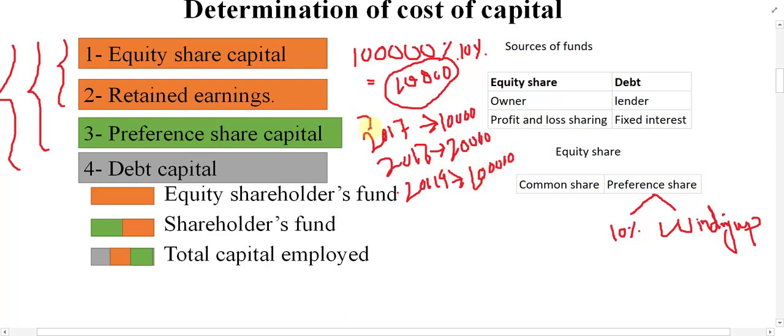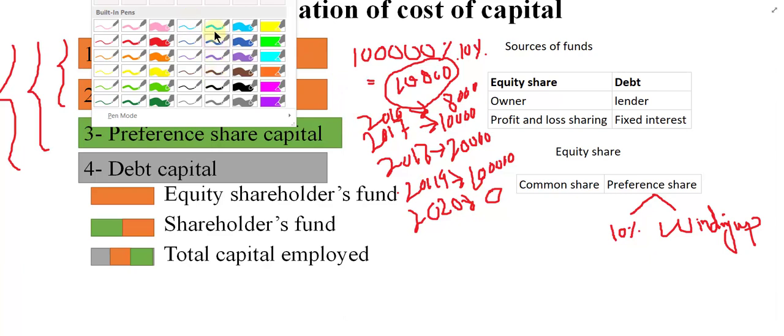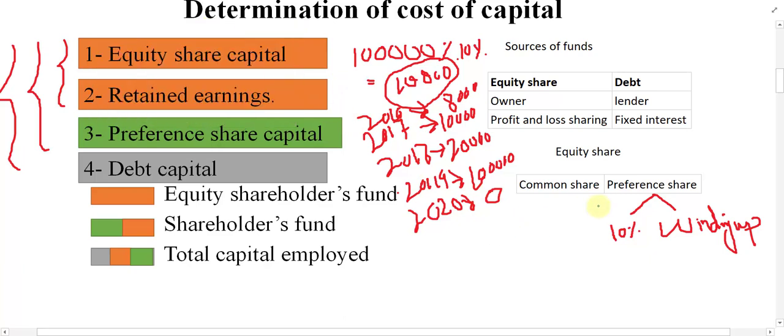Let us also mention 2016: let us say in 2016, the business made only 8,000 profit. Let us say we expect in 2020, the business makes 0 profit.